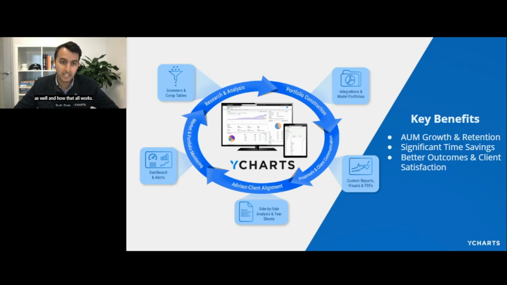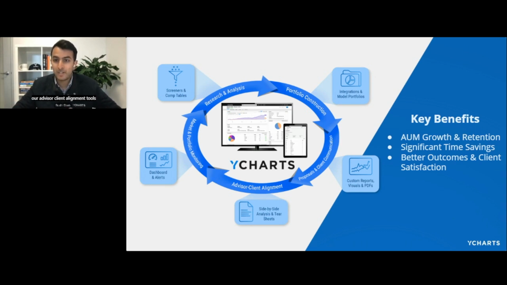The last thing I'll mention, and I'll mention it because I do want to cover this too, is that advisor-client alignment. It's really that side-by-side analysis of saying, in a time like right now, you're probably reflecting with your clients and asking, or they're asking, what happened in 2022? How are we positioning ourselves in 2023? And what matters?